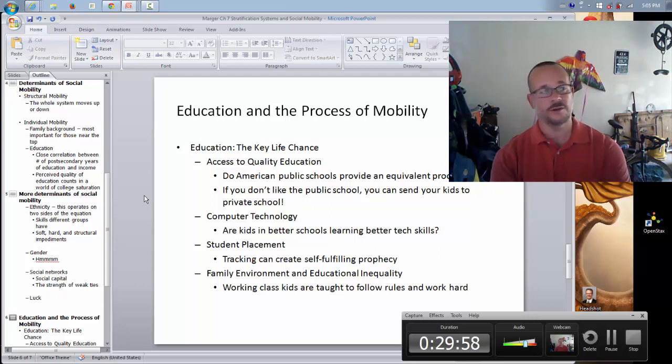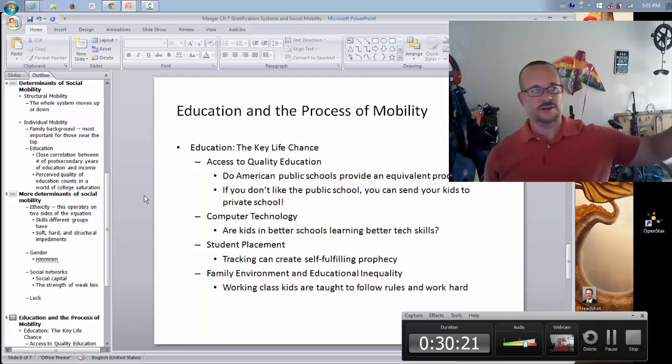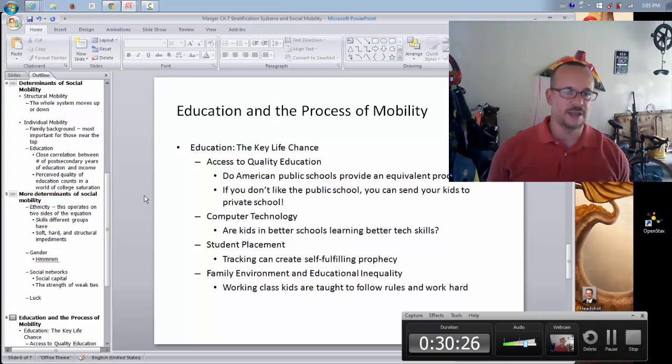I've known entrepreneurs who've been able to start window washing jobs and house painting jobs because they're that good, but without a plan to get something else, or without access to that consultancy market, they wouldn't even know that market exists. They wouldn't know how to actually get to that market, right? Okay, so education, the key life chance.